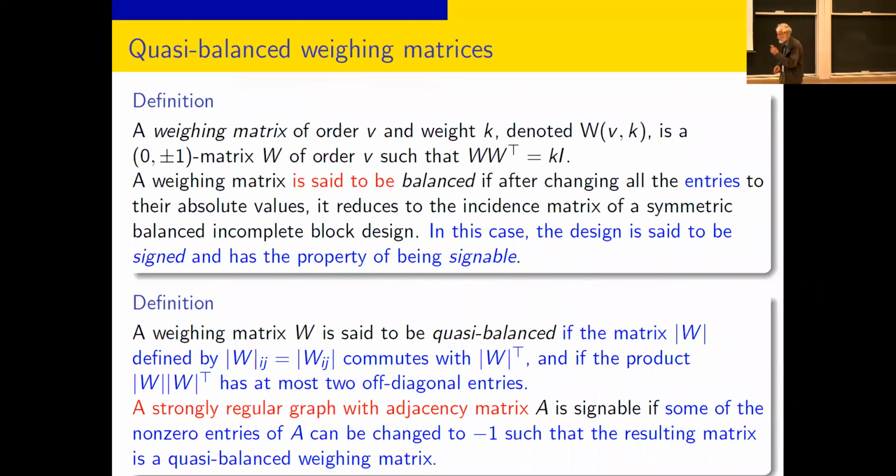There is a reason we wanted to do this: as soon as you have the rows orthogonal and a fixed number of 1 and -1 in each row, immediately you find Hamming distance. So you can apply this to find nice codes, and indeed we can find nice codes from these objects.